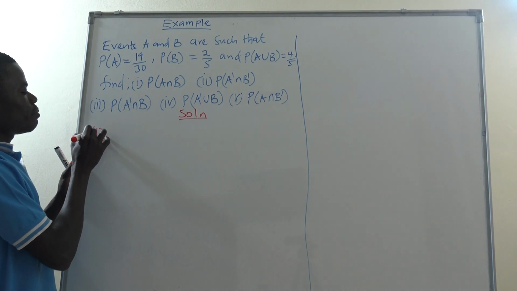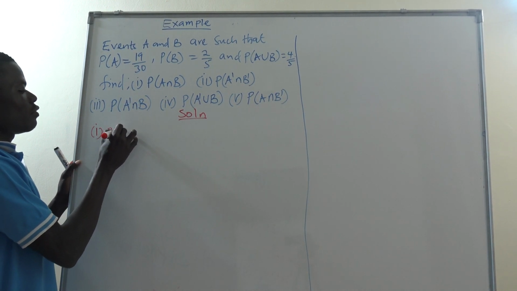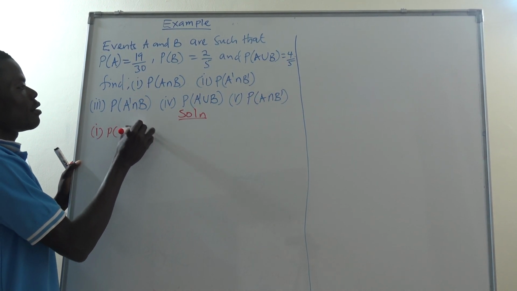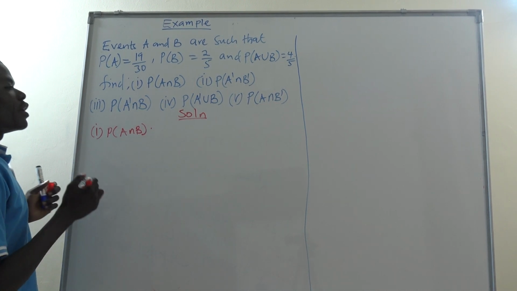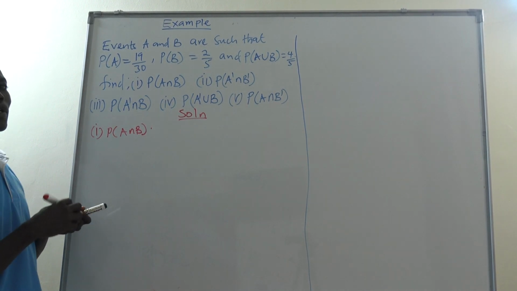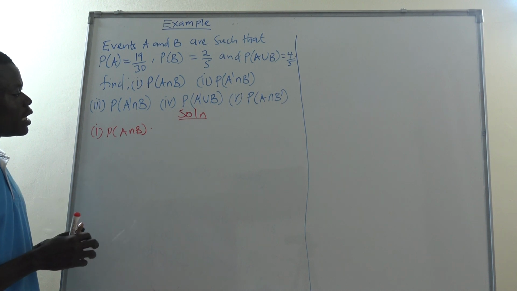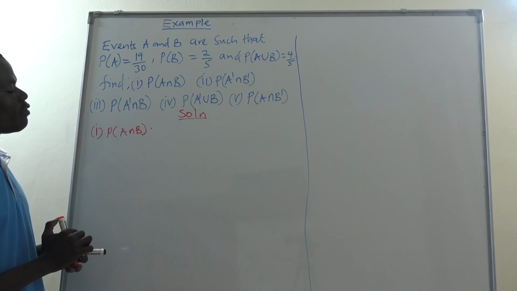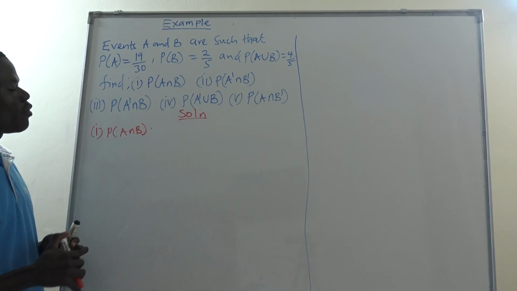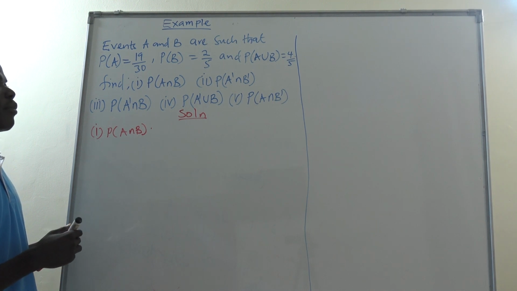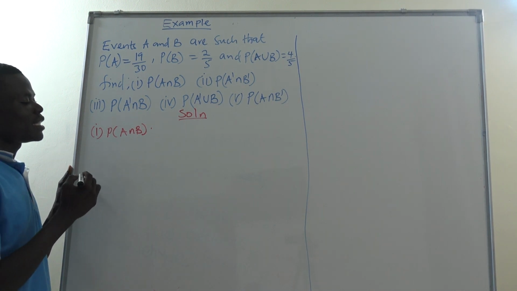So the first part, which is probability of A intersection B. Before I even proceed, we should look for a probability or a set of probabilities that will give us probability of A intersection B. Where do we get probability of A intersection B?